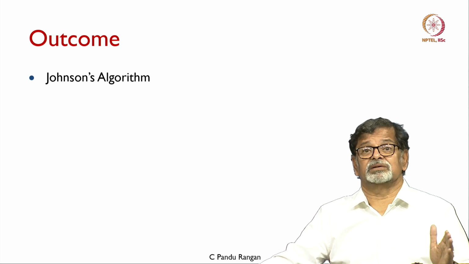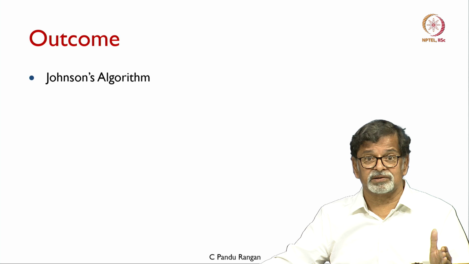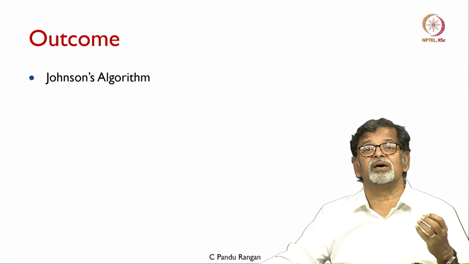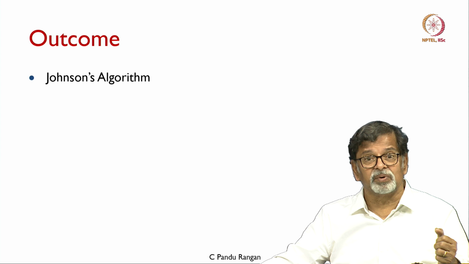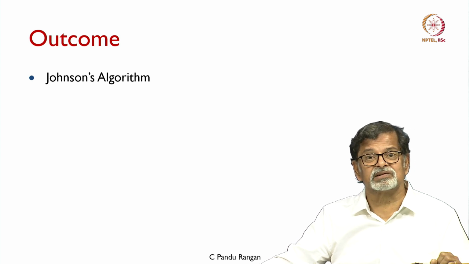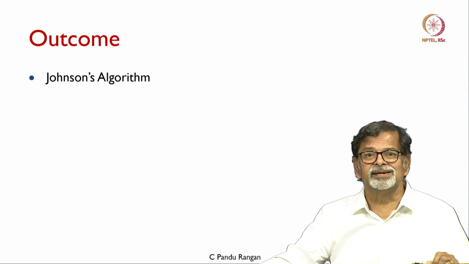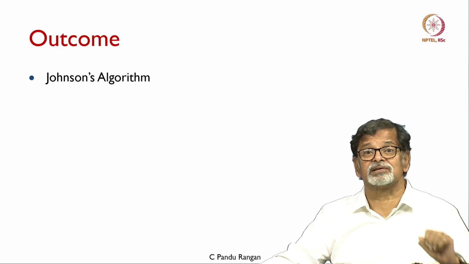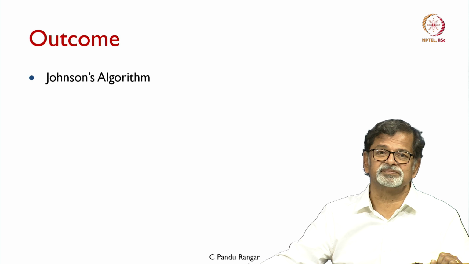N times Dijkstra's algorithm's application will be more efficient. However, we need all the edge weights to be positive. How do we achieve that? Johnson's algorithm makes some clever moves towards it and arrives at an efficient solution for sparse graphs.